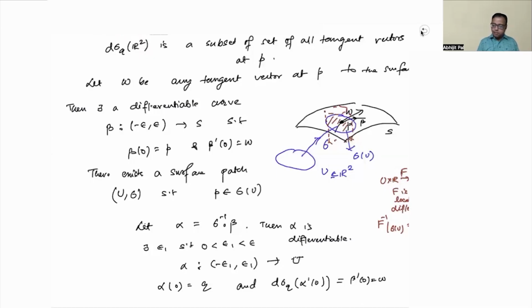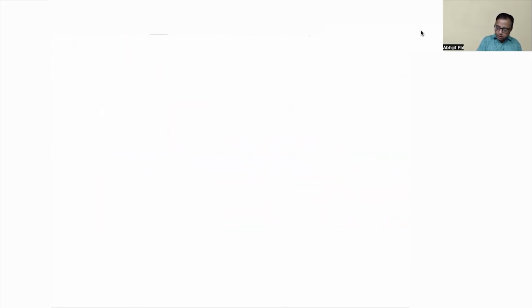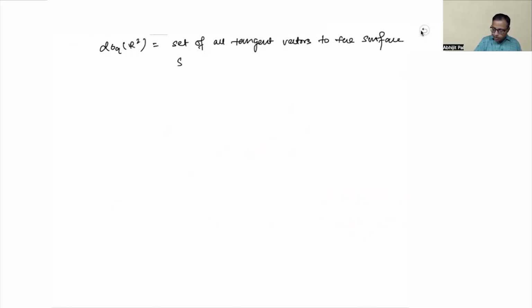So what we have shown is that d sigma q of R2 is equal to the set of all tangent vectors to the surface S at the point P. And d sigma q is a linear map, and d sigma q is injective.